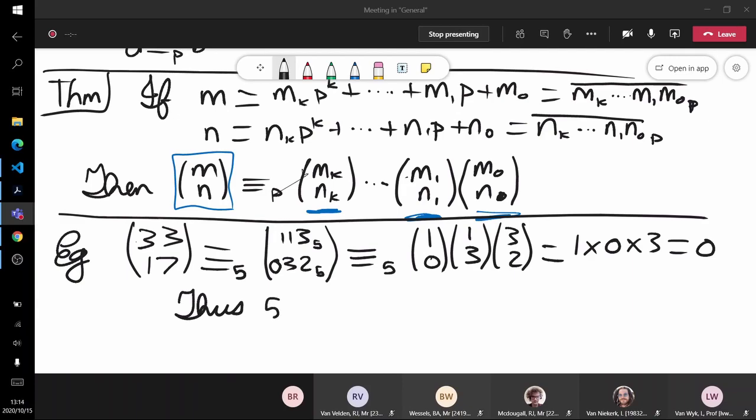In other words, because 5 is a prime, it divides 33 choose 17. Cool. So if you didn't know, now you know that 5 is a factor of 33 choose 17.